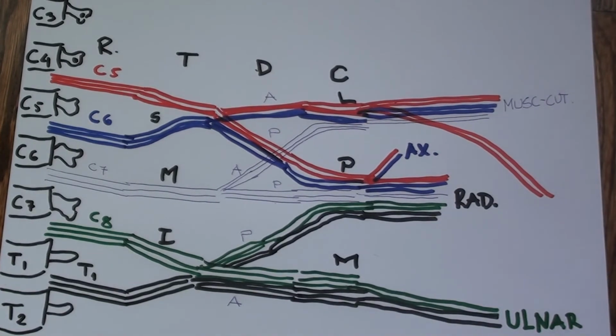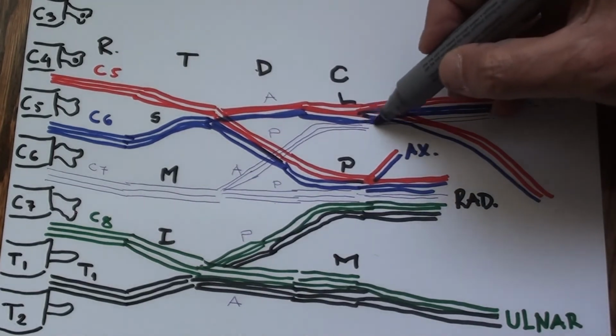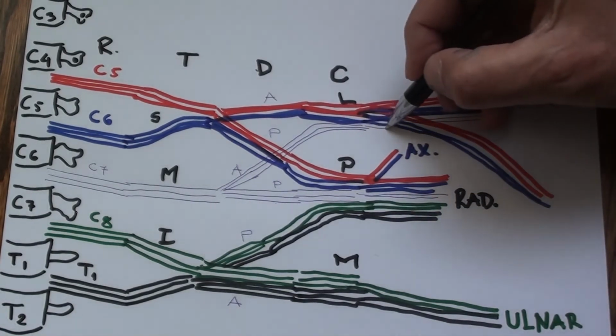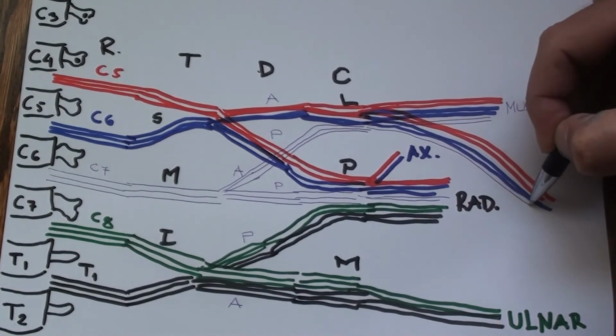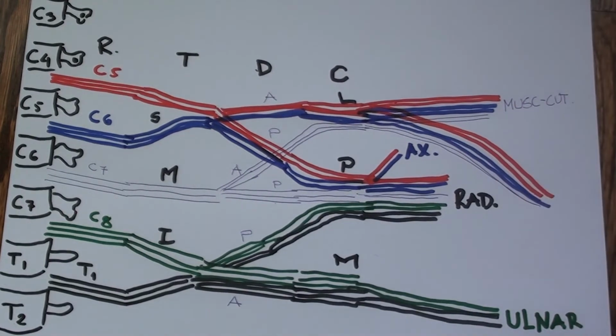Here are immediately some blue colored fibers to come from the lateral cord as well. And we should not forget pen to be used in order to get some fibers that should be representing presence of C7. And that's one part of the median nerve.